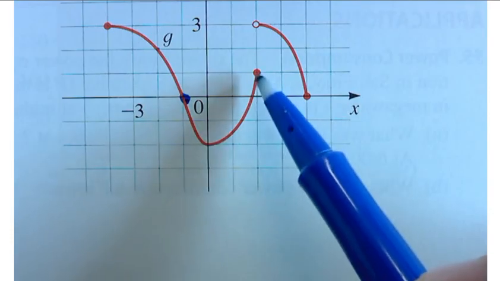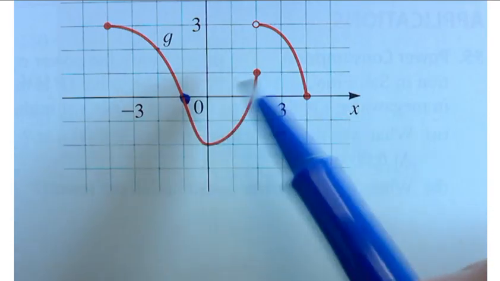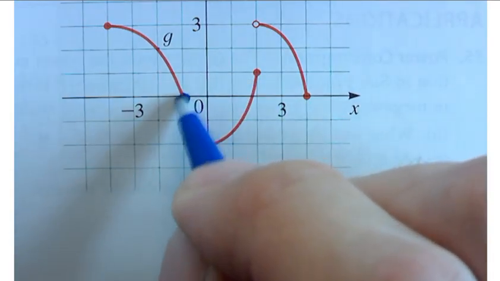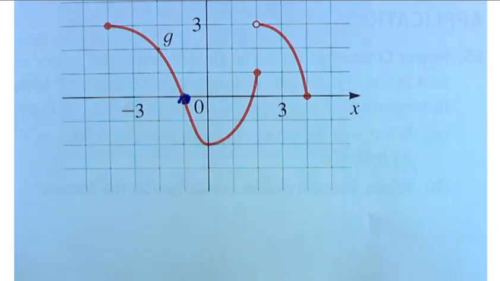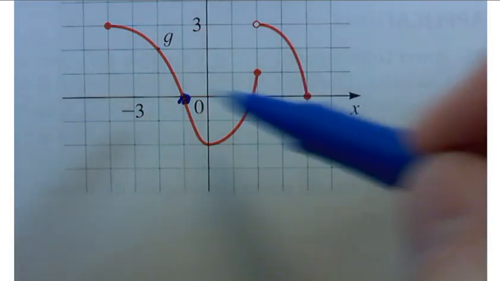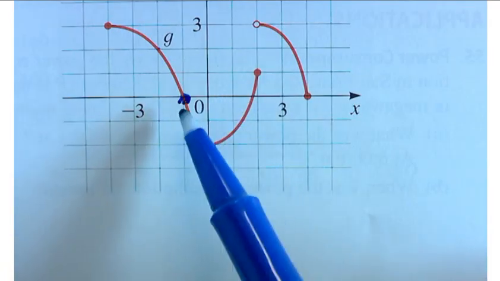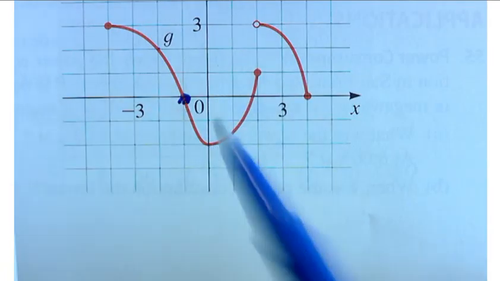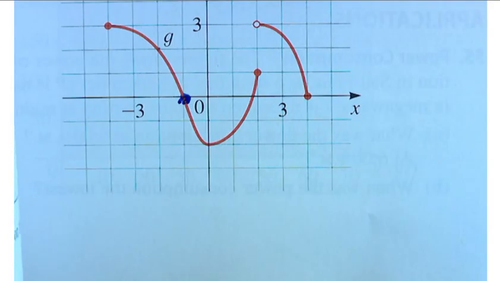At x equals 2, it looks like it's 1. So the net change would be the difference in those y values. How much of a net change was there? 1. Just the difference between this y height and this y height. 1 minus 0 is 1. So the net change is 1.